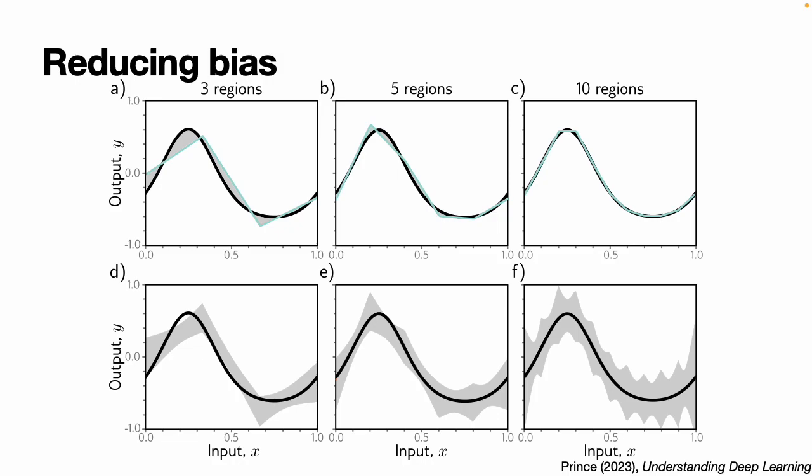So what do we do? Well, more straight lines, right? Kind of an obvious idea to math people who have seen Taylor series and stuff before. But yeah, you can increase the number of regions here. So machine learning people would say this is increasing the model capacity. As we come over here, it's reducing the bias.